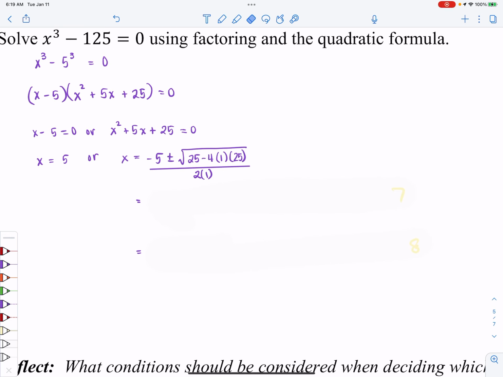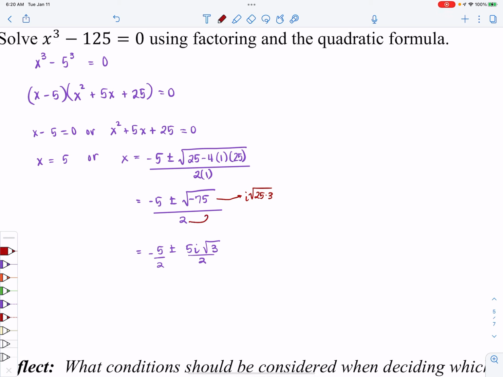So we have x equals, here's our negative b, plus or minus the square root of b squared minus 4ac, all over 2a. So we'll clean that up then. Let's clean up the square root. My square root of a negative is going to be i. The square root of 75 can be broken down into 25 times 3.